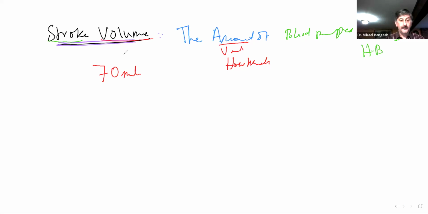So that will be the amount of blood that the heart will pump in one heartbeat. Volume, here the event is the heartbeat. Another one was what we call the cardiac output.